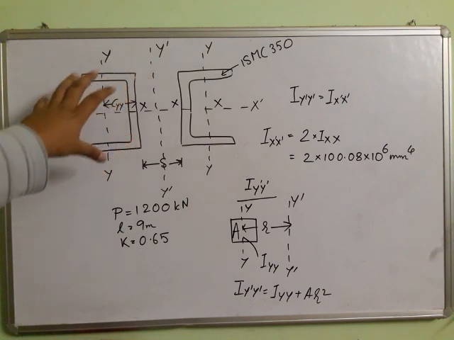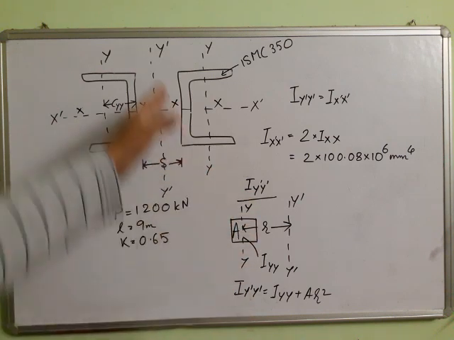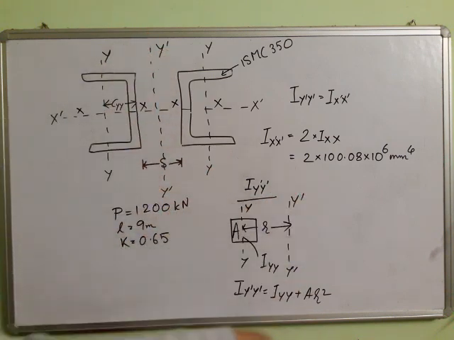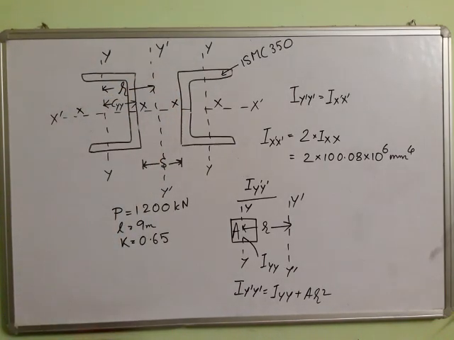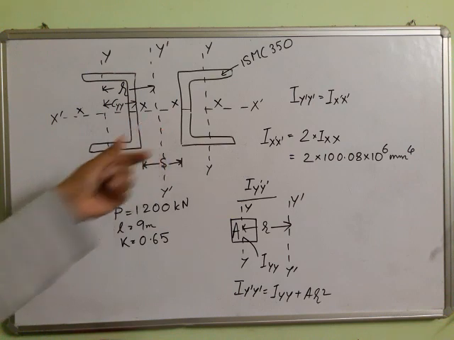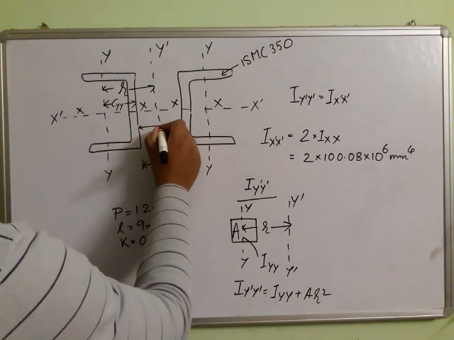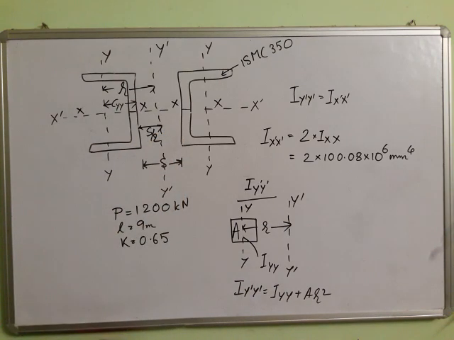Okay, so for this one, this y is this one, this y' is this one. What is r? R is this one, and we know that this is S, so this will be how much? S by 2. So what will be r? R is equal to Cyy plus S by 2.